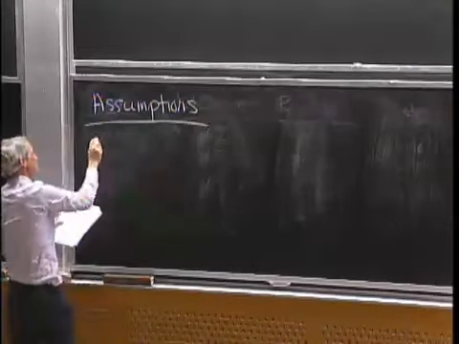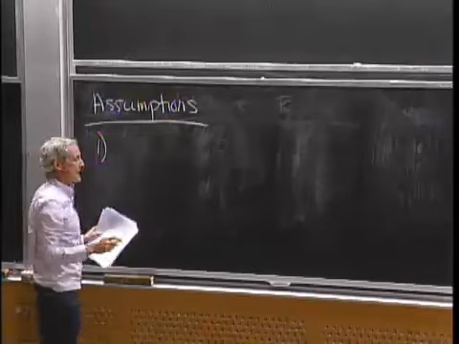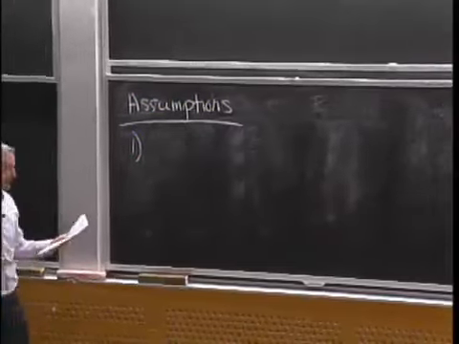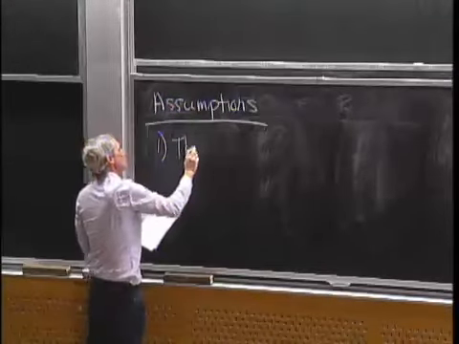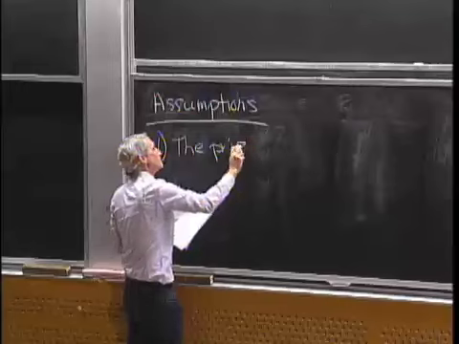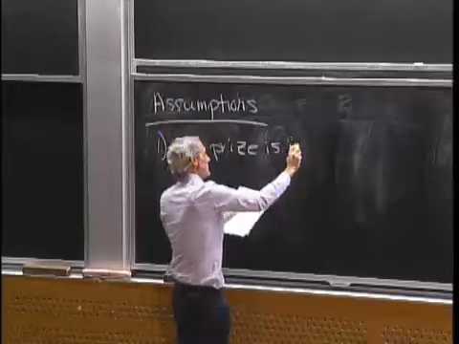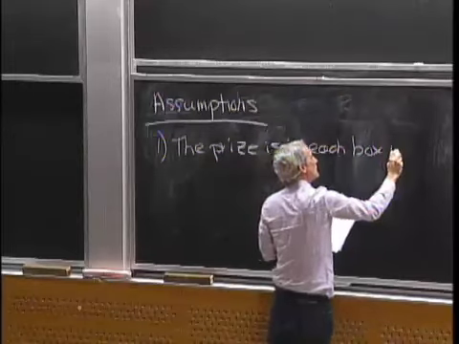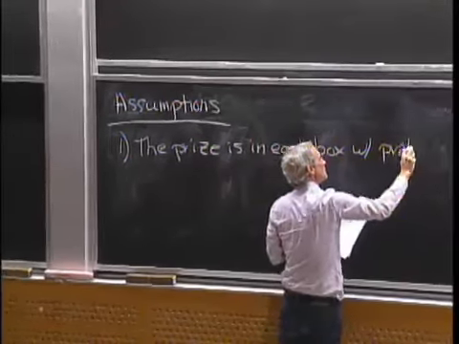So the first assumption we're going to make is that Carol put the prize in a random box. They're all equally likely. So the prize is in each box with probability 1/3.